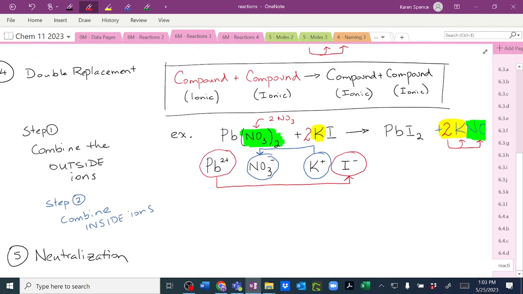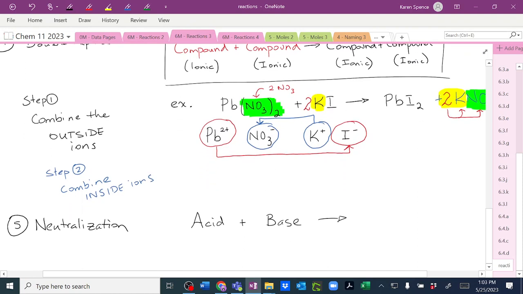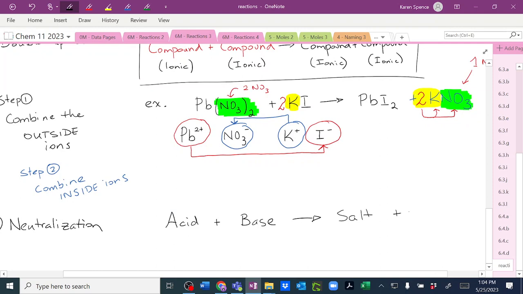We have an acid plus a base, and my products are a salt plus water.